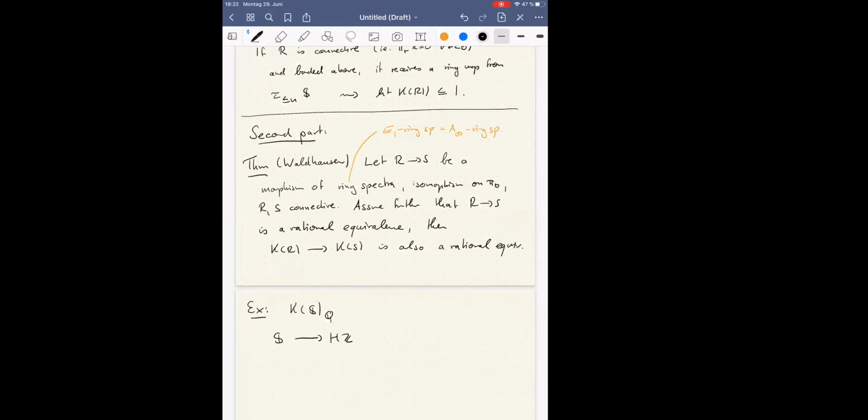It's an old theorem of Serre that all the stable homotopy groups above degree 0 are rationally trivial. So this is a rational equivalence, and we obtain that this is the rationalized K-theory of Z, which is known due to work of Borel.